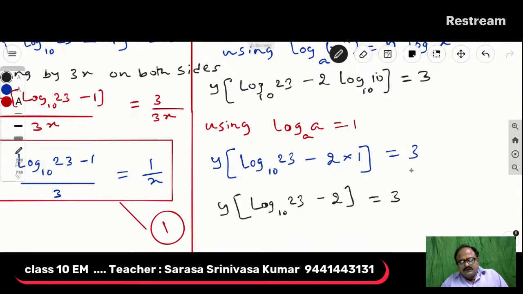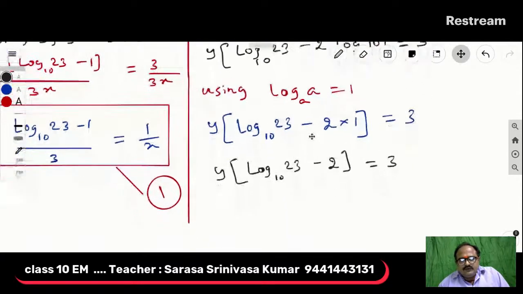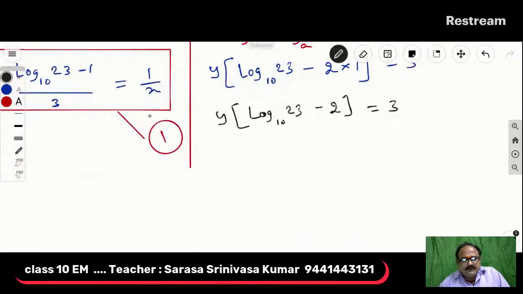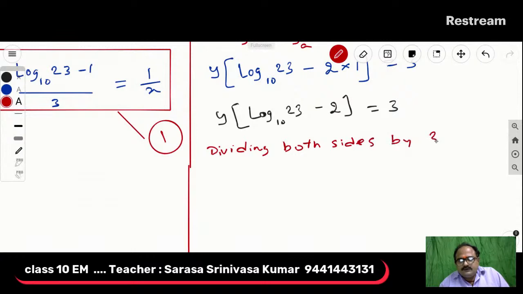equal to 3. Now we divide both sides by 3y.